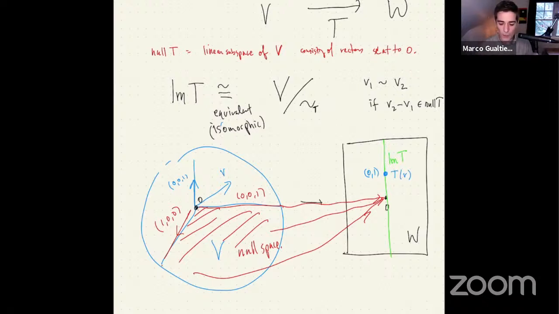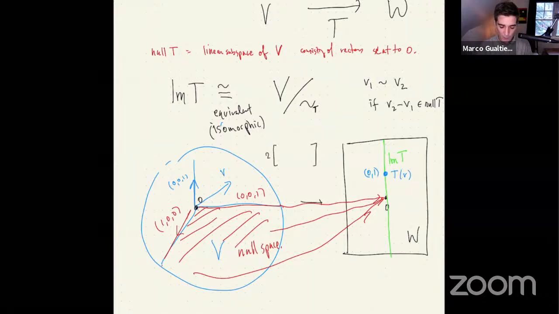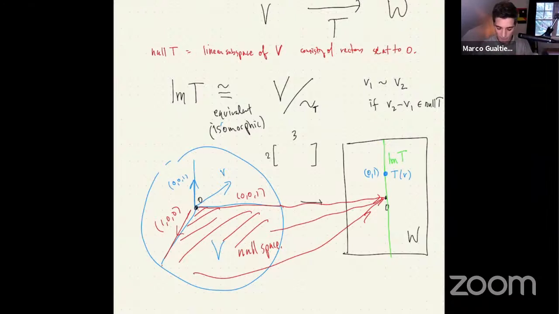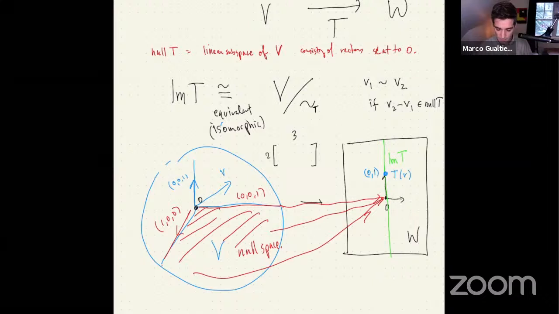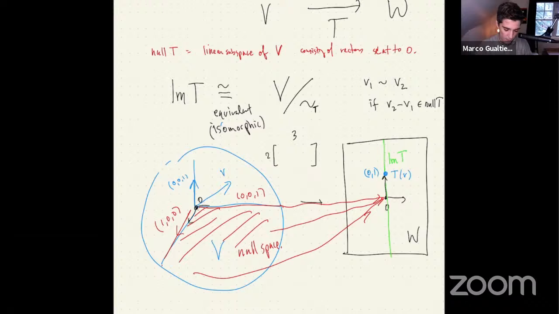And so what would the matrix look like for this? Well, it would have to be a 2x3 matrix, because there's 3 basis elements for the domain and 2 basis elements for the codomain. Let's say if I had basis elements like this and like this.